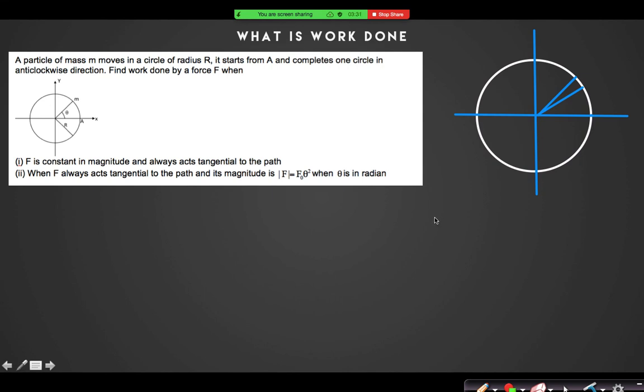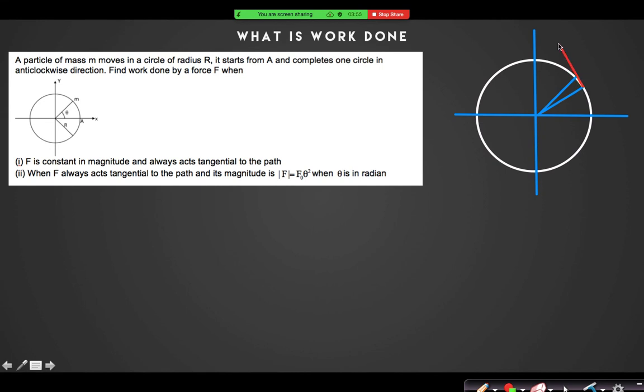Okay, if you are saying that a force is constant, then what are the things that you have to make sure are constant? Only magnitude or magnitude and directions both? Magnitude and directions both. So in this case, if the force is always acting tangential, can you say that the force is a constant force?